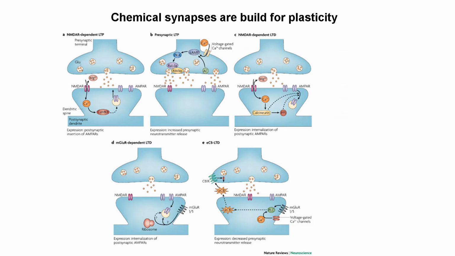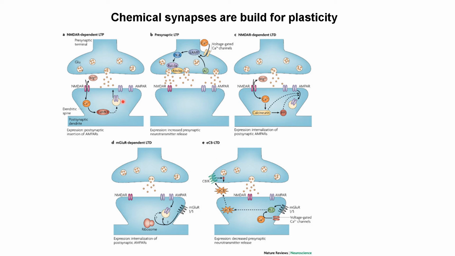A very important thing for chemical synapses that distinguishes them from electrical, and for a long time, as I said, it was thought electrical are not plastic, is the plasticity. And we know plasticity is really the basis of learning. So here are examples of 5 different forms of plasticity, whether they're going to be postsynaptic or at the presynaptic terminals.